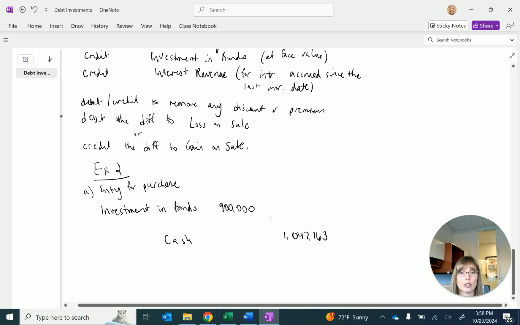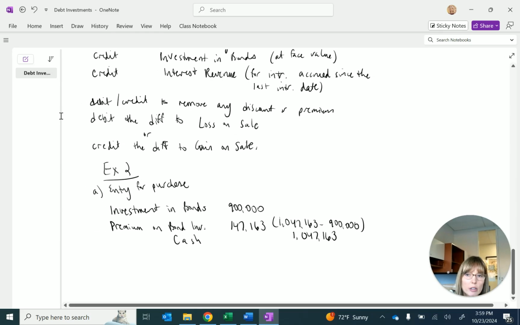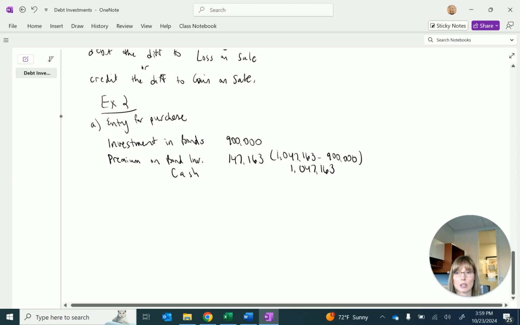And then that difference between the price we paid and the amount we're going to be receiving at maturity is recorded to premium on bond investment or premium on investment in bonds. And this works out to be 147,163. Okay, so time goes on. 6 months later, it's an interest payment date.